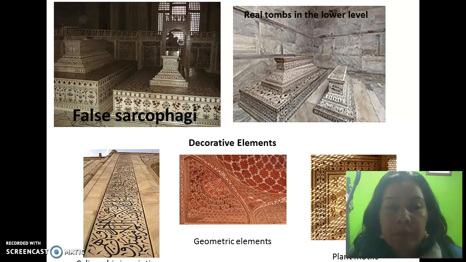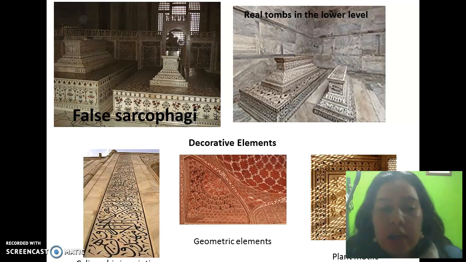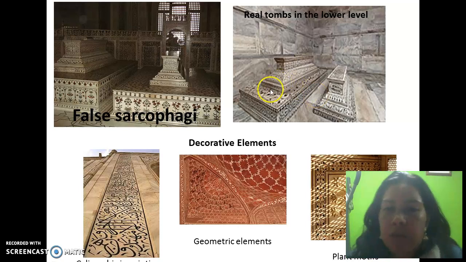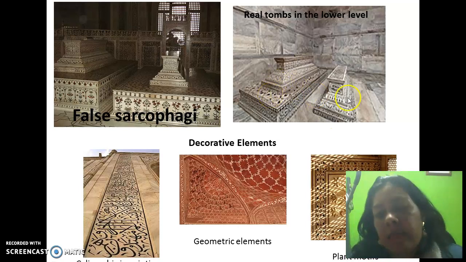The first construction only has the sarcophagus of the princess, but the son of the emperor also put next to the sarcophagus of the princess the sarcophagus of his father, but both sarcophagi are false. In a lower level we can find the real tombs of the Mughal Emperor and the princess.